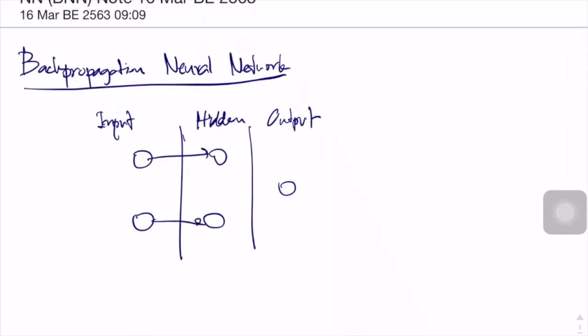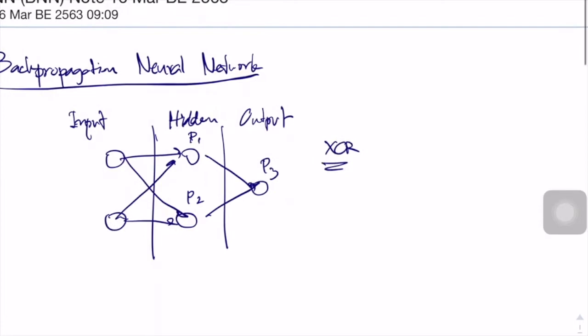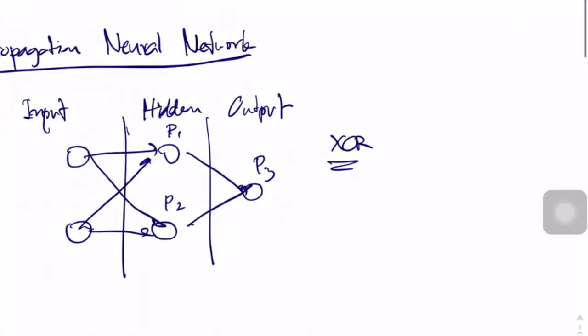So we have links from input to hidden, and hidden to output. And we use the same P1, P2, and P3 that we trained in exclusive OR in the previous video clips.